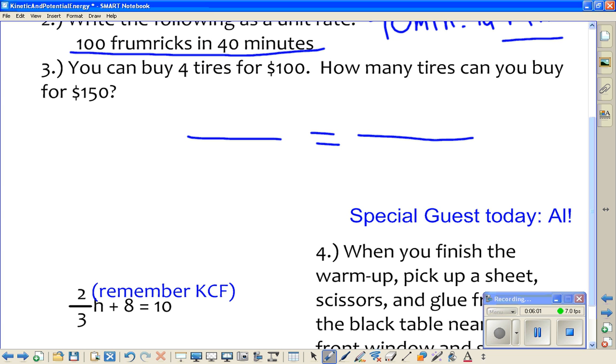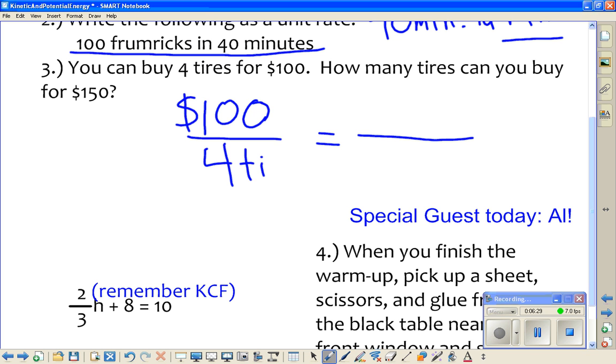You put tires with tires. What do I put on the top here? $100. Oh, okay, good. I messed up on that one. All right, what goes on the bottom? 4 tires. Thank you, Austin.